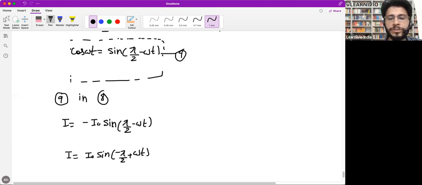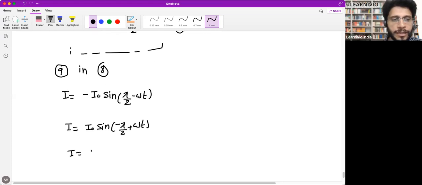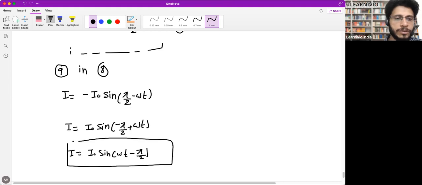Yes, this is the same equation. Cos is sine of 90 minus theta, right? So you can take this negative inside, so negative becomes positive. You can write this as I naught sine of omega t minus pi by 2. Let's call this equation number 10.